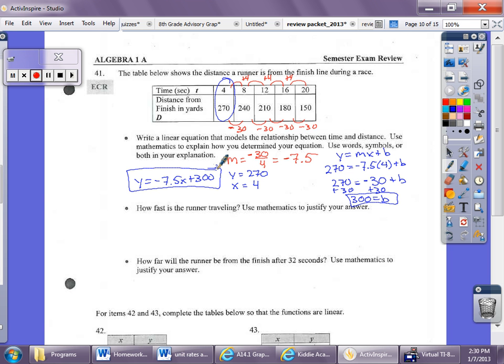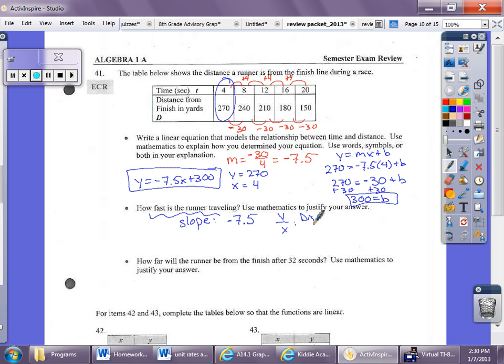How fast is the runner traveling? Well, this is asking us for our slope. Well, the slope is negative 7.5. So what does this actually mean? It means he's going 7.5 yards every second. Since it's negative, that's the distance to the finish line decreasing. So we know the slope is y over x.